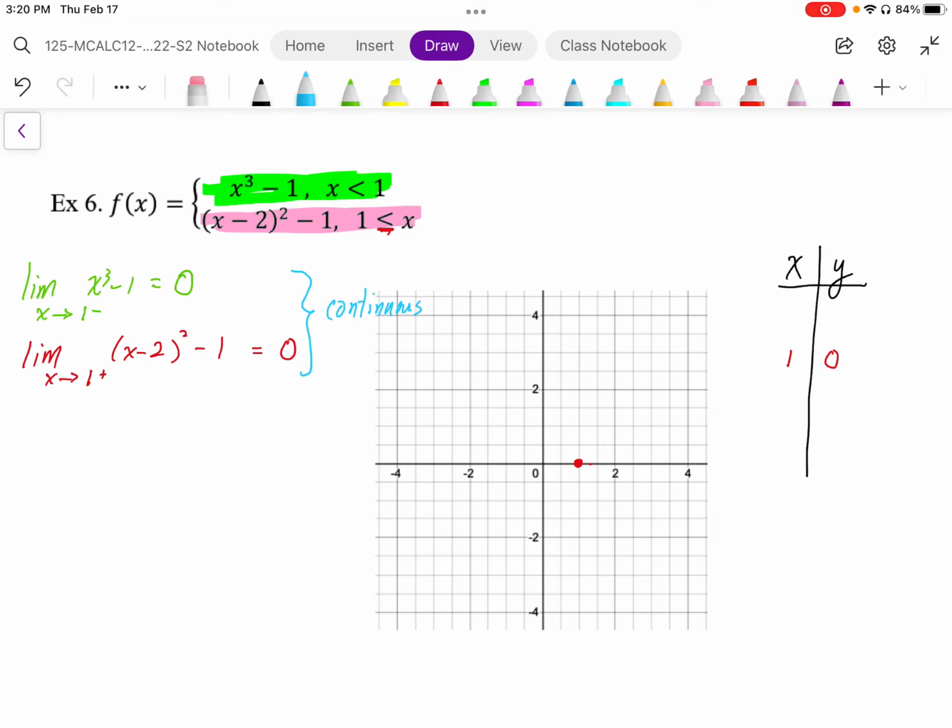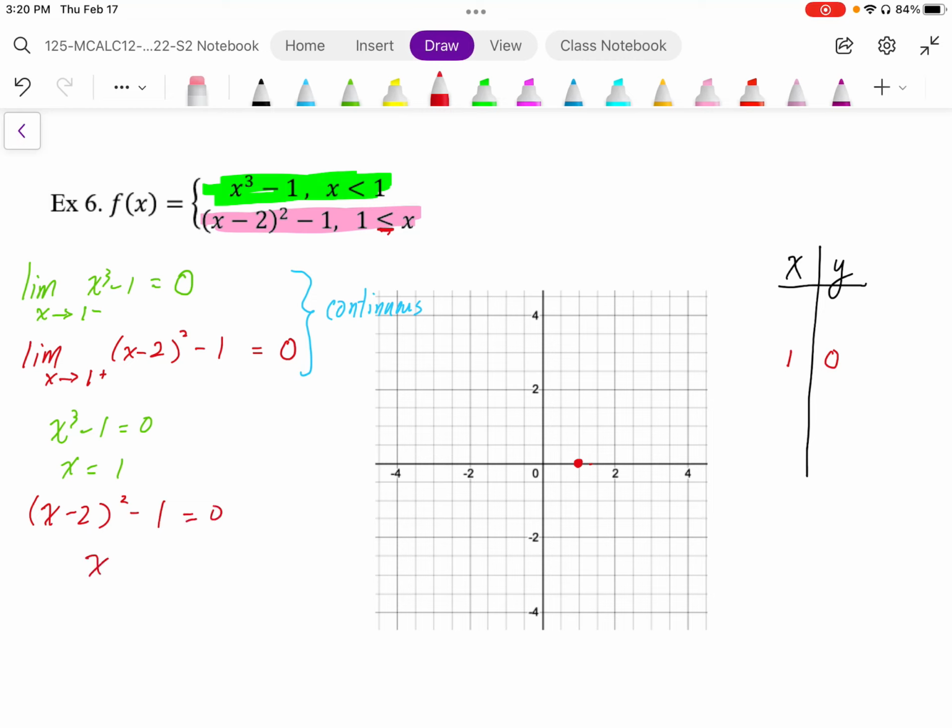For the green part, x cubed minus 1 equals 0, x is equal to 1, so it hits the 0 at 1. And for the parabola part, we need to solve x minus 2 squared minus 1 equals 0.